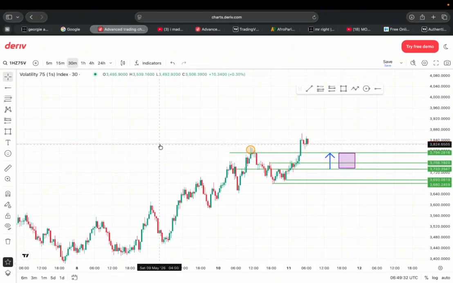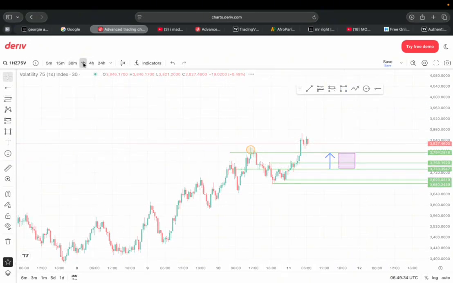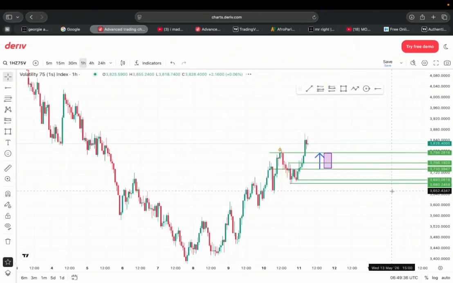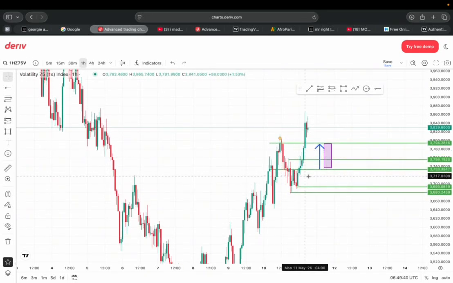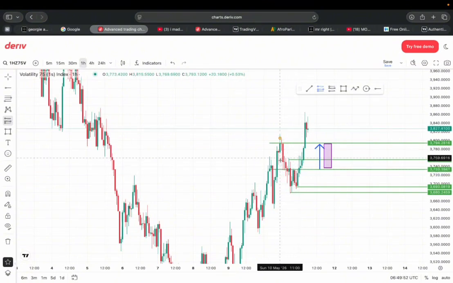For me, as long as this trade is a 4-hour, 1 hour trade, I think the best place to have entered this trade was when price entered this zone. So it should be something like this. Price coming back here, as you can see, price closing above this place. Oh yes, it's low, high, low, high. So price closing above here should be my entry.